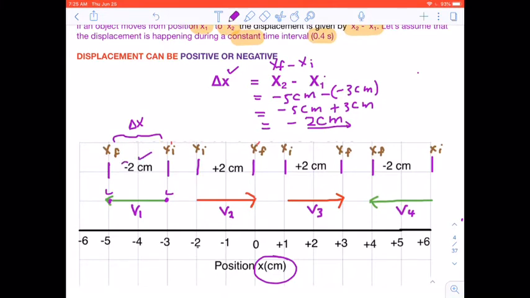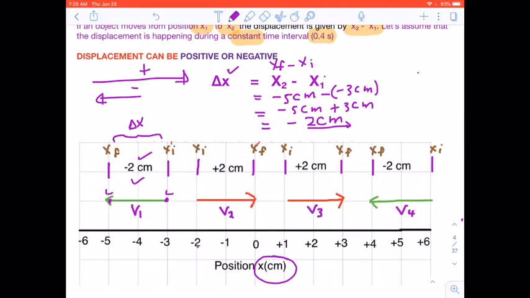And the minus sign is telling you in which direction it is. So if we choose that as positive, then any direction that way is negative.